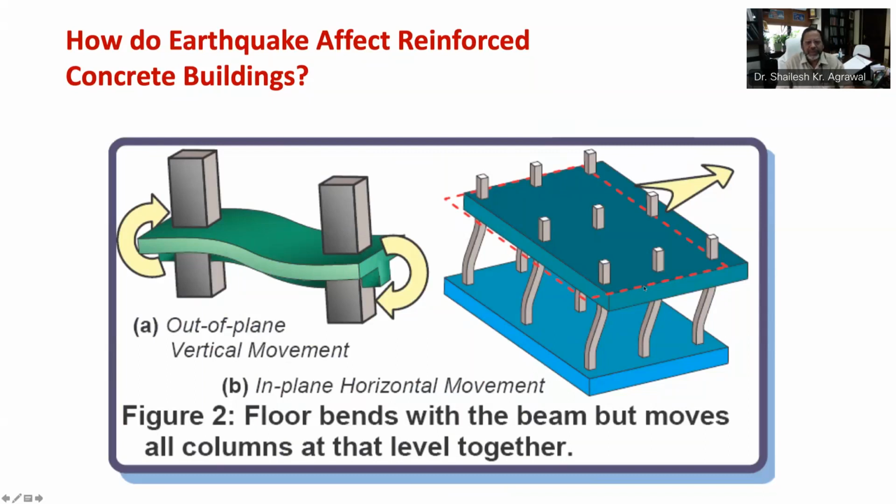In most of the buildings, the geometric distortion of slab is negligible in horizontal plane, and this behavior is known as rigid diaphragm action. As engineers, while considering earthquake resistant design, this action must be taken into account.